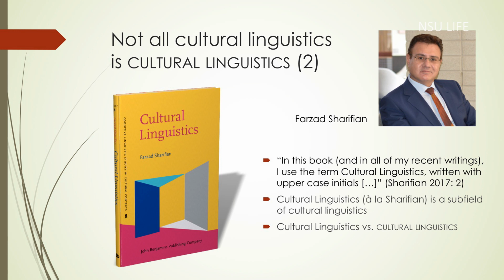Now these days, when people talk about cultural linguistics, whether they talk about the broad area of research or about a particular sub-area within it, there is one name that pops immediately into the minds of people who know the field, and that is Farzad Sharifian, who is a professor of linguistics who holds a personal chair of cultural linguistics, the only one in the world, I believe, at Monash University in Melbourne, Australia.